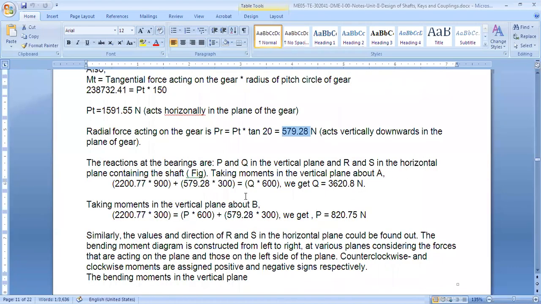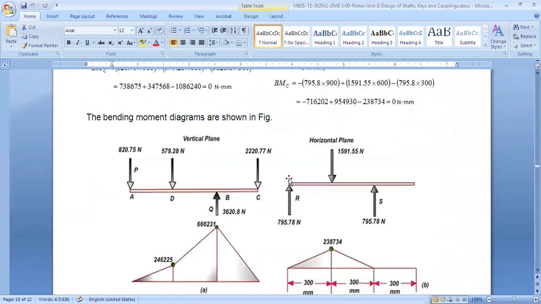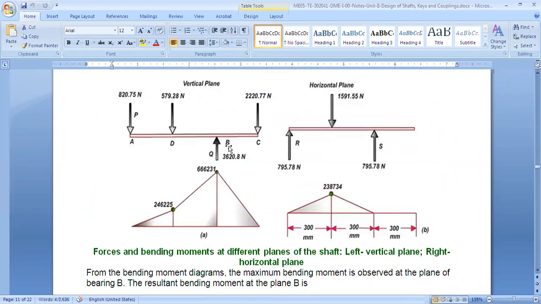If we equate this equation, 2220 into 900 plus 579 into 300 is equal to the reaction at B multiplied by 600, taking moments at A. So we got the reaction at B as 3620, right?